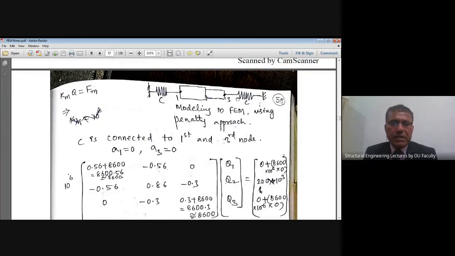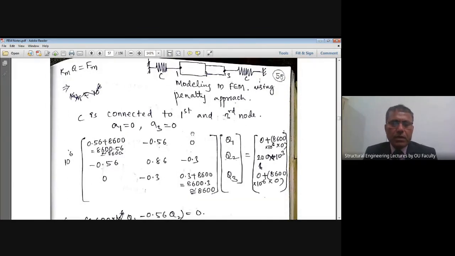And also that same 8600 will be added to the last row and last column, because that is the third degree of freedom, meaning K33. Here also I'll add the original K value 0.3 for K33, to which this penalty C, 8600, is added, right? Therefore this is added along the first degree of freedom and the third degree of freedom, along the diagonal elements, not along the other elements.